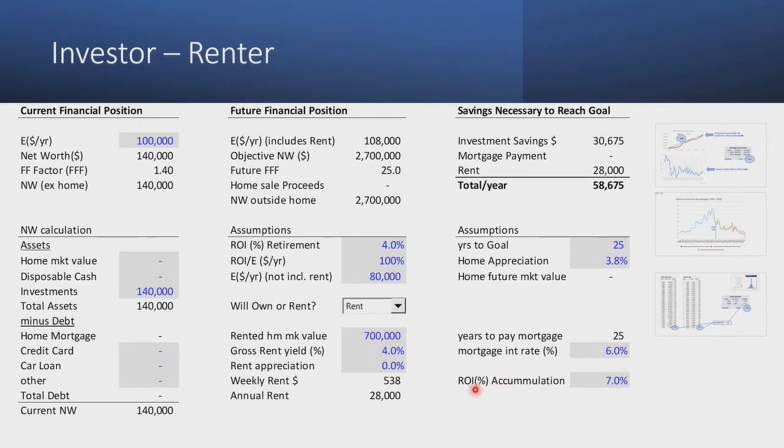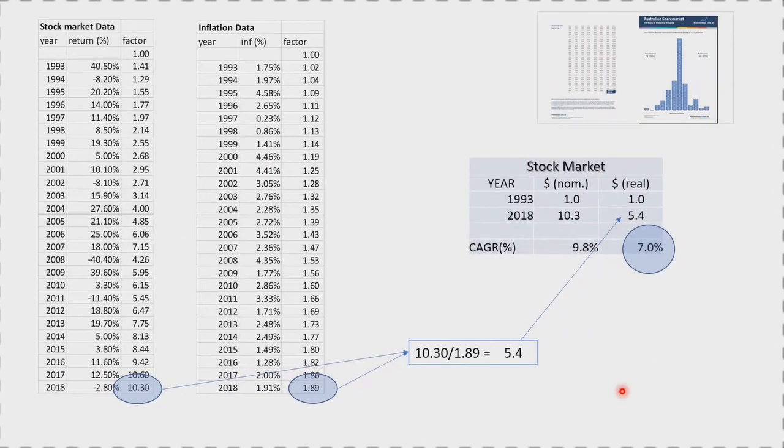And then the return on investment during the accumulation period. So all these investing savings that you're going to save and invest every year from now until year 25 will yield a return that I'm assuming 7%. And again, this is something that I've checked, the historical average in Australia, but it is similar also in the US and in Europe.